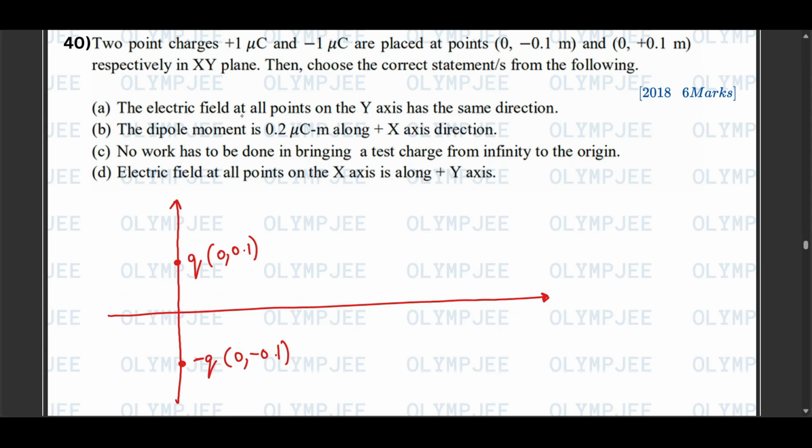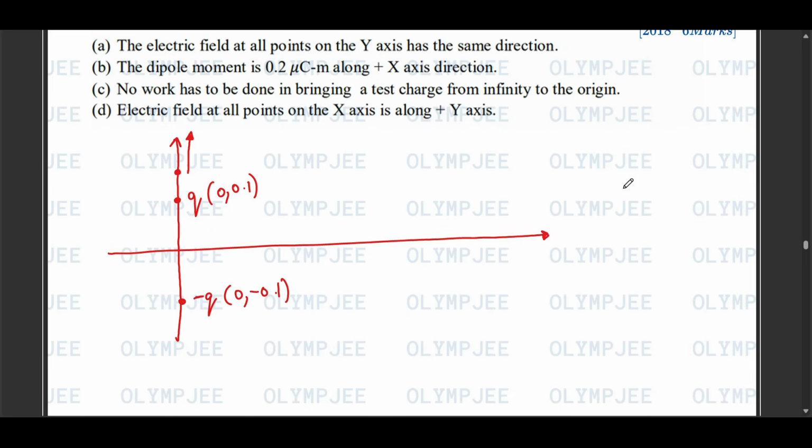The first says the electric field at all points on the y-axis has the same direction. So let us check. Here it will be in this direction, right? And here it will be in this direction. So A is definitely wrong because the direction is changing here and here.